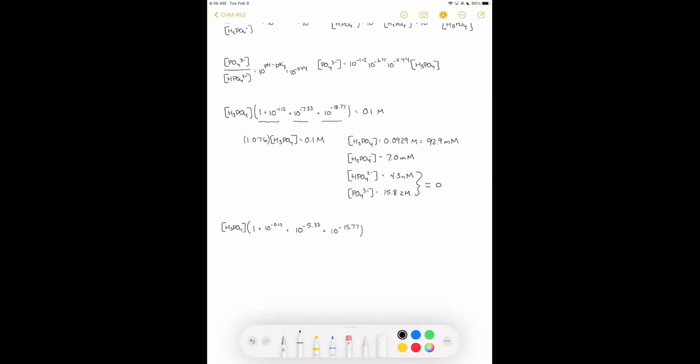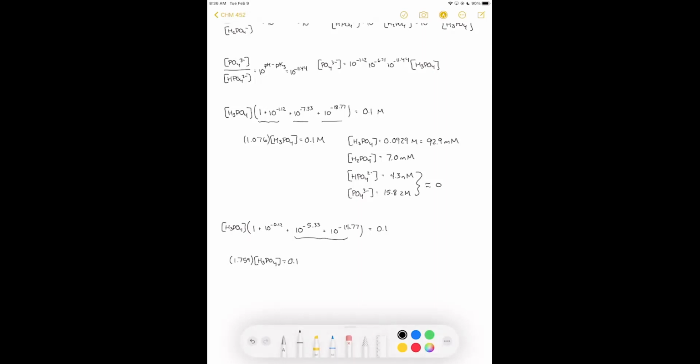I'm trying to do math in real time in my head. And this is equal to 0.1. And again, we go through and solve. Again, we notice that these numbers are very small compared to our first numbers. So what we end up getting is 1.759 times H3PO4 is equal to 0.1. And again, now we can solve for this.